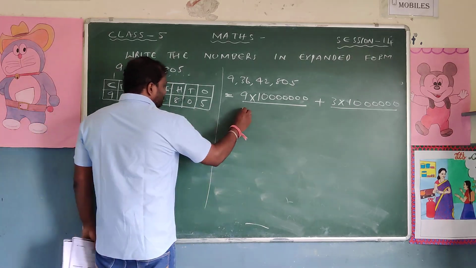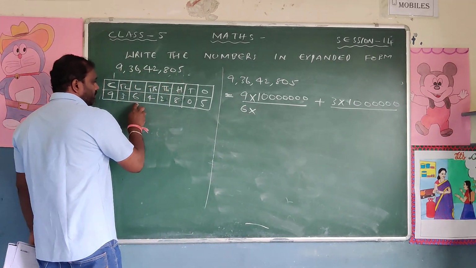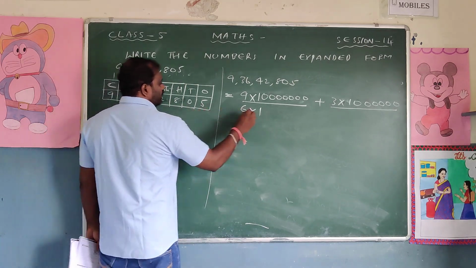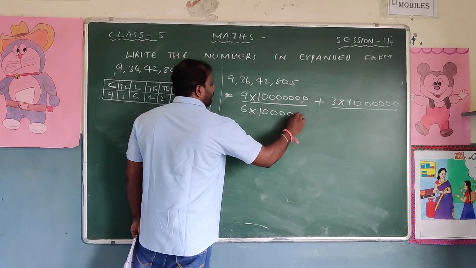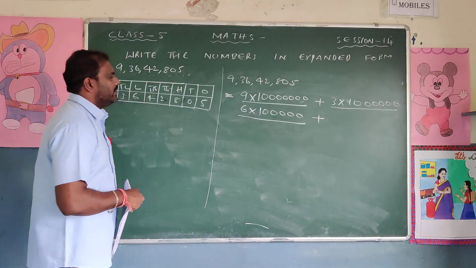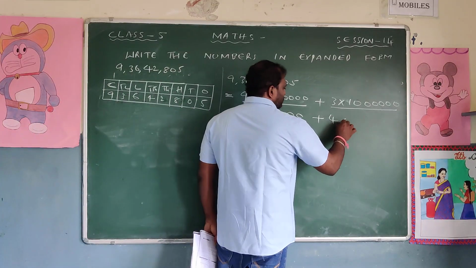Plus 6 into 1 lakh, so 5 zeros. Plus 4 into 10,000.